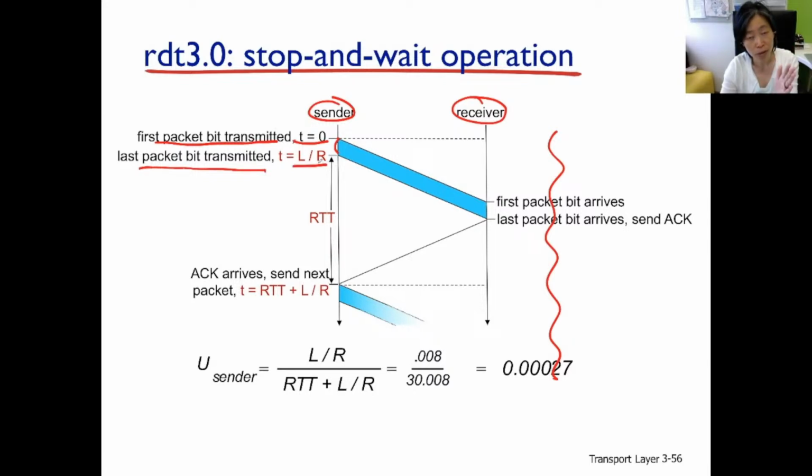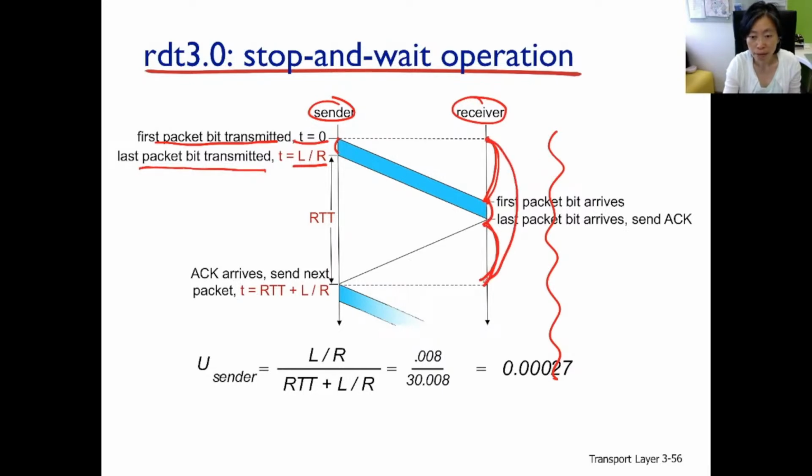That is the packet transmission time, L divided by R. And these bits is going to travel halfway to the receiver and another halfway back to the sender. So first packet bit arrives right here. This is the propagation delay. Okay? And this is also propagation delay. So 2 propagation delay plus L divided by R.